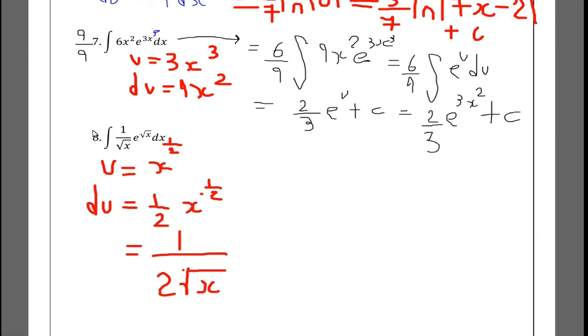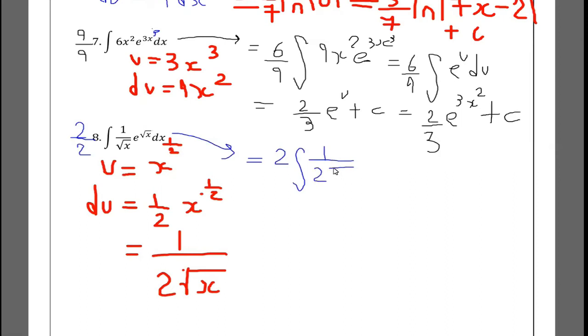Since we need a 2 in the denominator, I'm going to multiply the numerator and the denominator by 2. Bringing an arrow out here to continue, it becomes equal to, we're going to keep the 2 in the numerator, so we're going to write 2 times the integral of 1 over 2 root x.